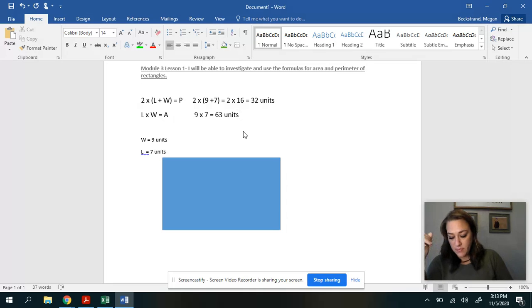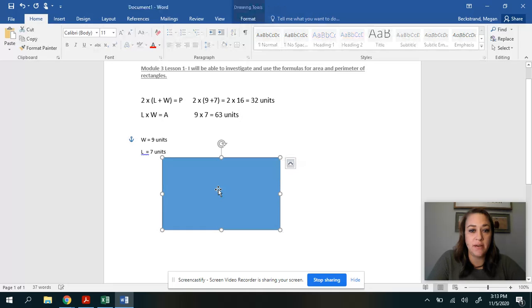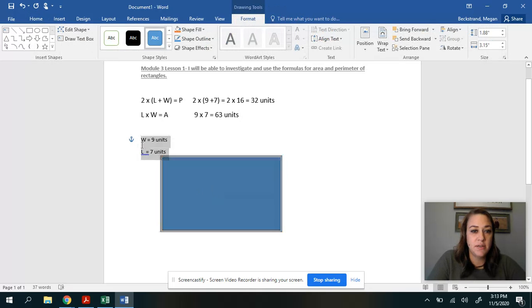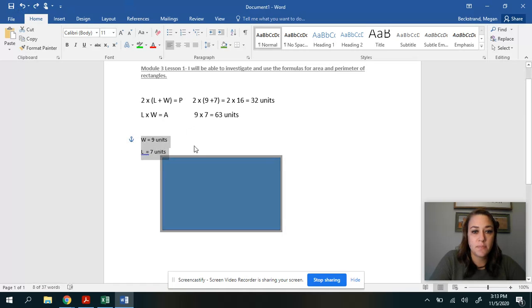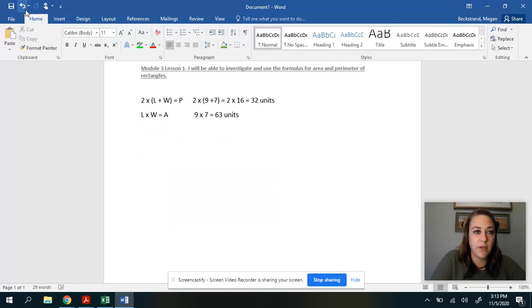Okay. So what if we had a rectangle and we knew the area, but we were missing our length? So that's what we're going to do next. Okay. So let's see if it'll let me type in the middle of this. Nope. Okay.